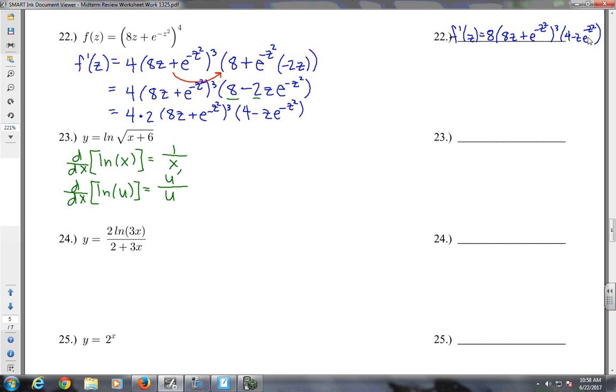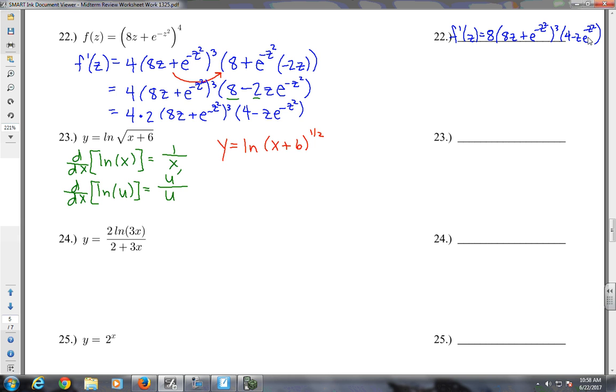Okay? Now, before I actually apply that to this problem on number 23, I'm going to rewrite the function. I'm not differentiating, so I'm going to call this y. I'm going to rewrite that radical, the square root, as a 1/2 power.